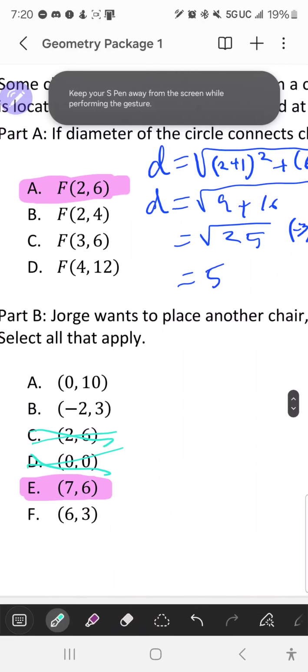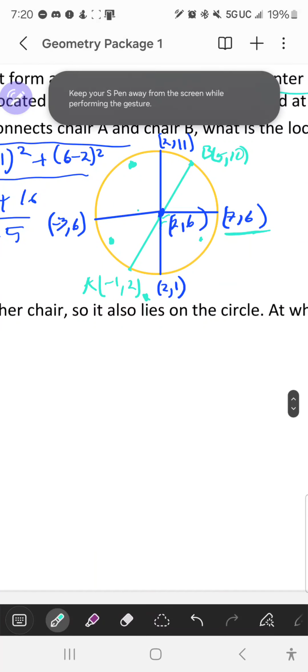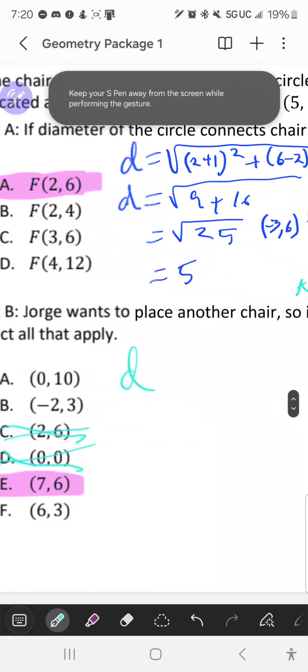So basically I'll check using the distance formula and see what radius I got. I'm always going to use the center, which is 2, 6.